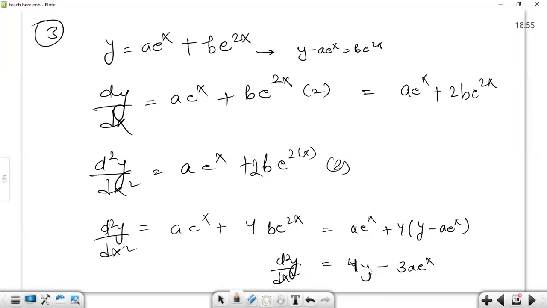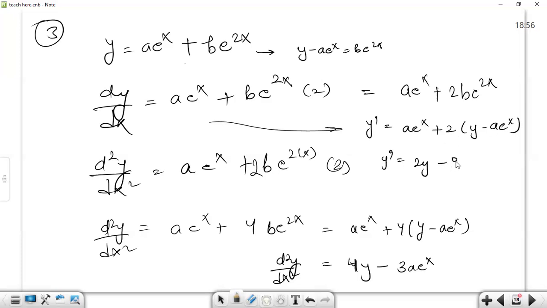For that, let's use this equation, which is y dash equals a e raised to power x plus 2 b e raised to power 2x, where b e^2x is y minus a e raised to power x. So y dash will become 2y minus a e raised to power x, because plus 1 minus 2 will make it minus 1. So from here also we can take the value of a e raised to power x: y dash minus 2y will become minus a e raised to power x.